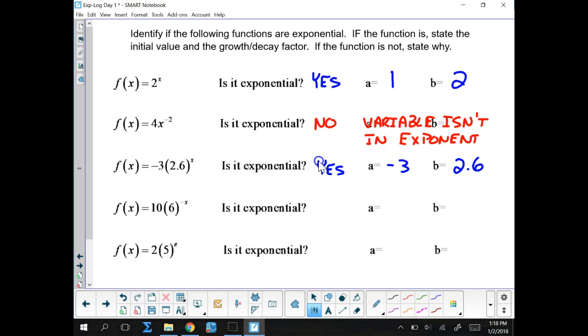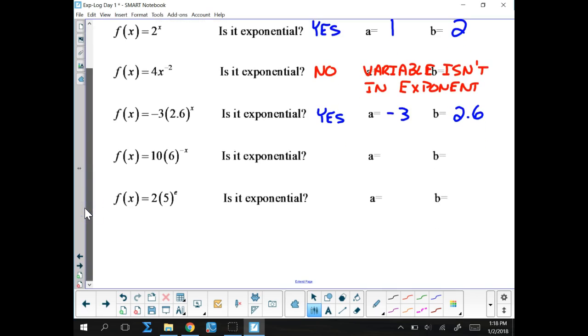Okay? Fourth one, exponential, not exponential. Where's the variable? In the exponent. So that makes it exponential. What's my a value? 10. What's my b value? No. Nope.